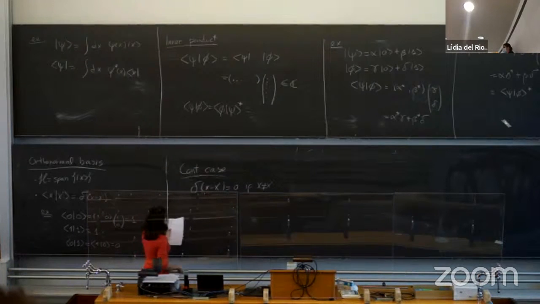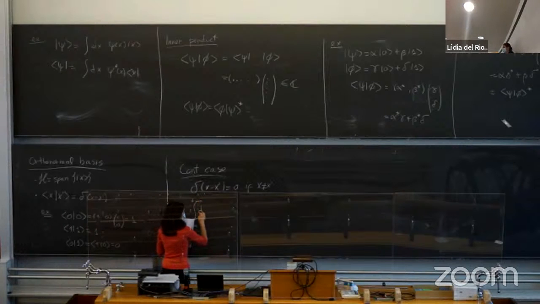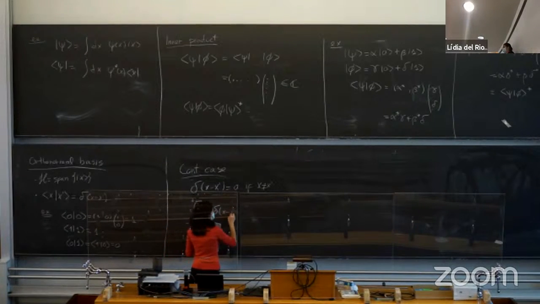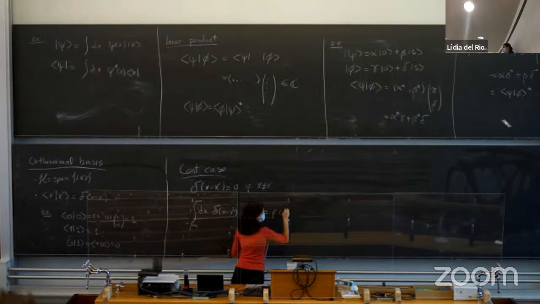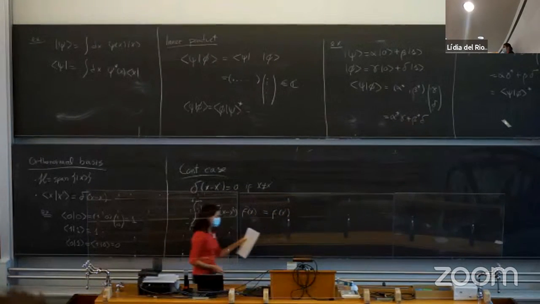And it's not that when they are the same this thing is 1, but what matters is that the integral evaluates to 1. So if I have the integral of dx of delta of x minus x prime, and then some function f of x inside this integral, this whole thing evaluates to just the function at this point. We will see examples in a moment.